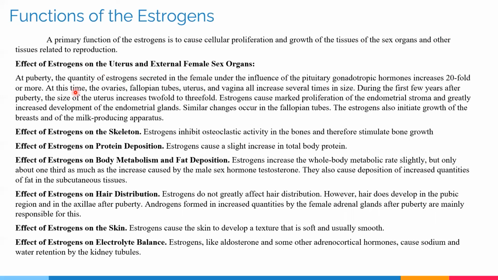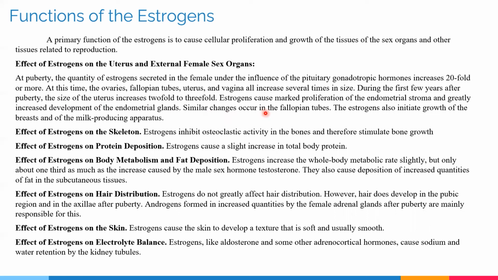At puberty, the quantities of estrogen secreted in the female under the influence of pituitary gonadotropic hormones increase 20-fold or more. At this time, the ovaries, fallopian tubes, uterus, and vagina all increase several times in size. During the first few years after puberty, the size of the uterus increases twofold to threefold.